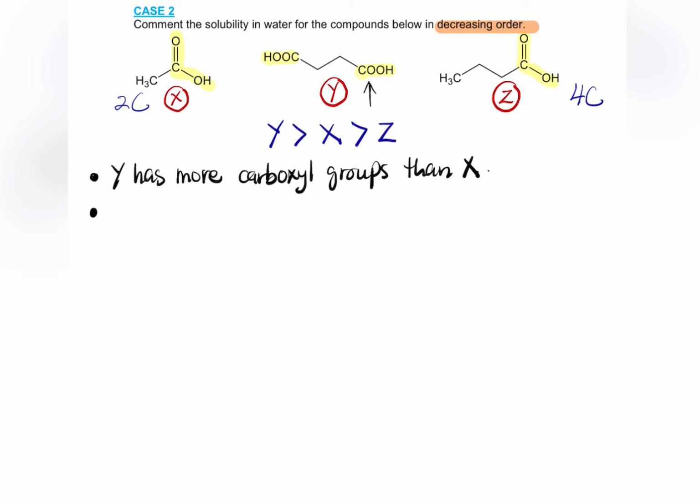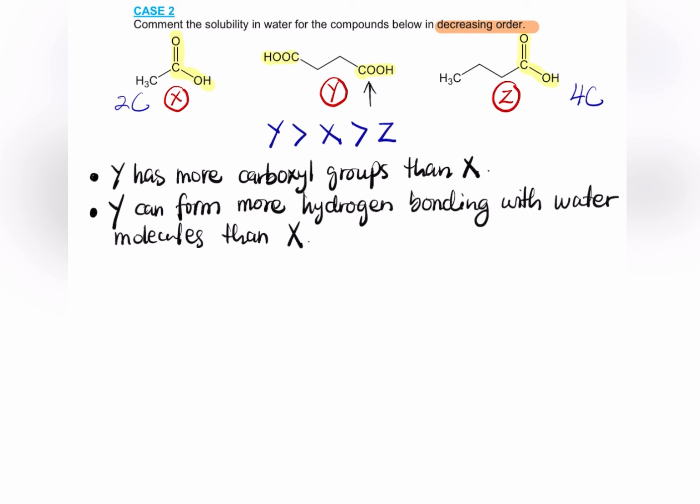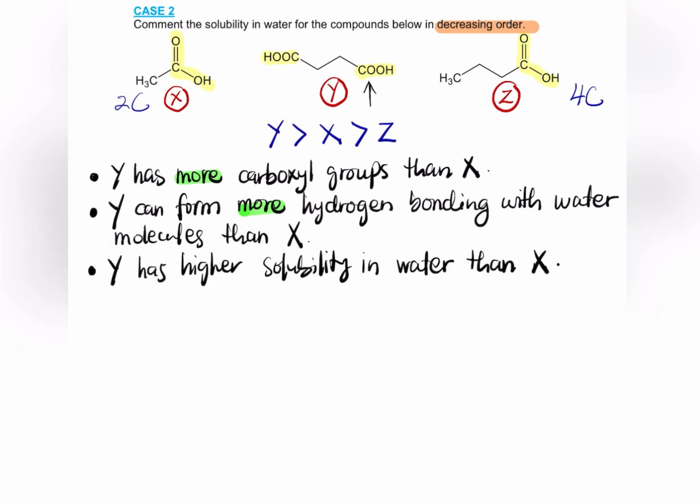So for the second point, you can continue that Y can form more hydrogen bonding with water molecules than X. So what you have to emphasize in these 2 statements is more here. And last point, don't forget to write it down. Y has higher solubility in water than X. So that settles the first paragraph.